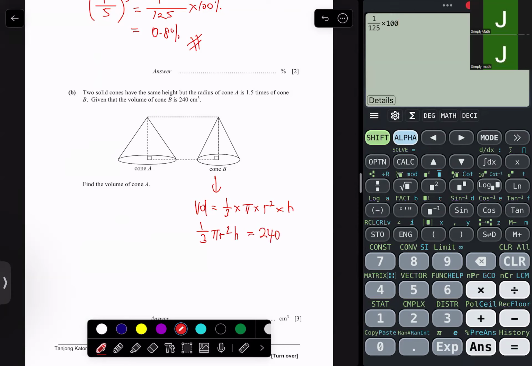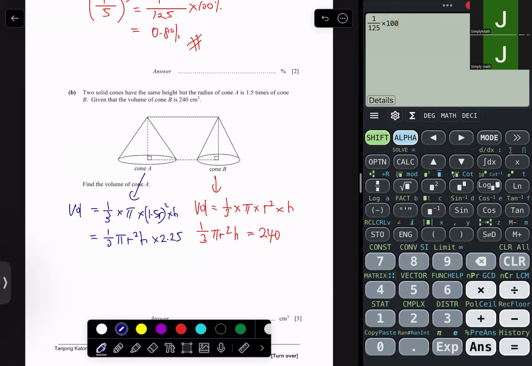Now cone A, however, will have volume 1/3 times pi times 1.5 squared times height, with radius 1.5r, which gives 1/3 pi r squared h times 2.25.